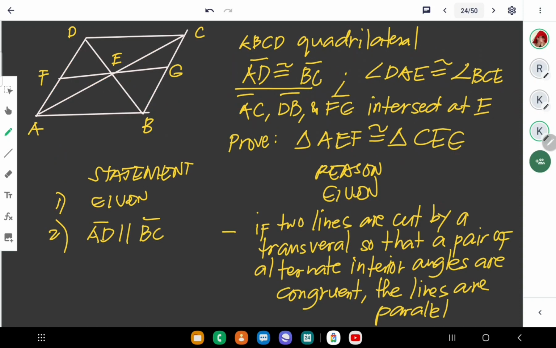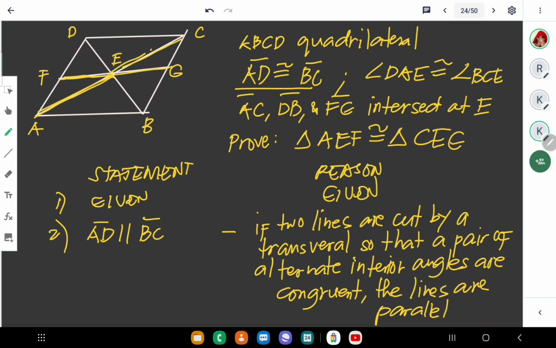The diagonals here are AC and BD. We are interested in FEA or AEF and then CEG.